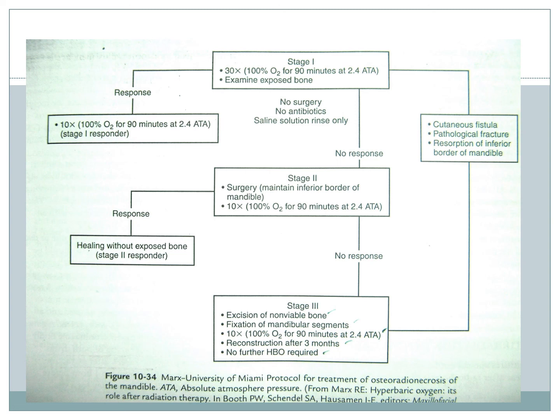So we can achieve normal healthy bone within months, because fracture, resorption, everything, it's an advanced stage, and hyperbaric oxygen therapy alone will not help. So we go for the excision and reconstruction of the mandible, give hyperbaric oxygen therapy, and go for the reconstruction. This is called Marx's protocol.